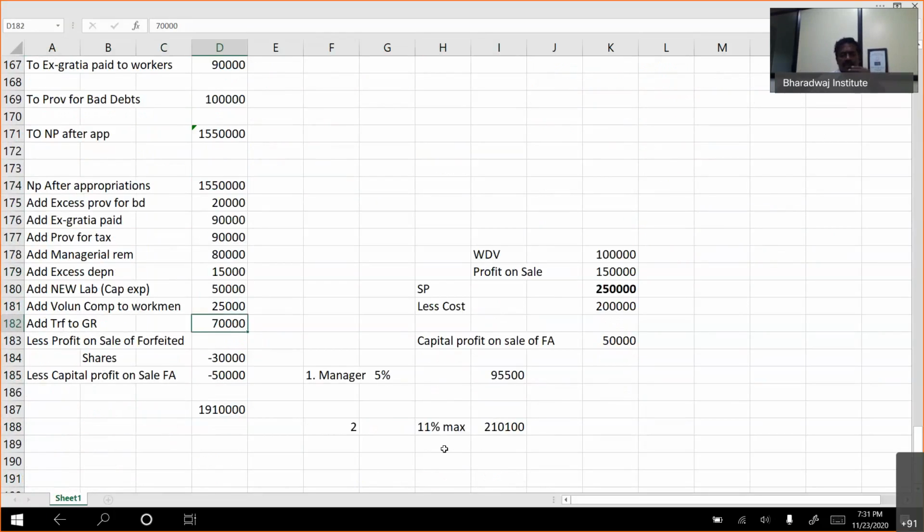Probably they will share in the ratio which they are eligible: 5:5:5:1, because manager 5%, MD 5%, whole-time director 5%, and part-time director 1%. So this model problem also can be tested in exam.